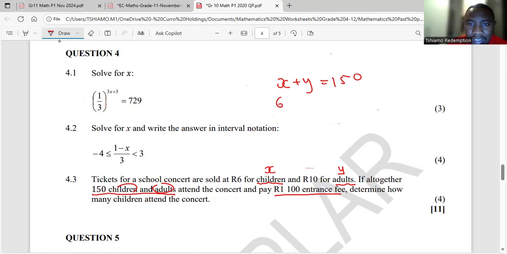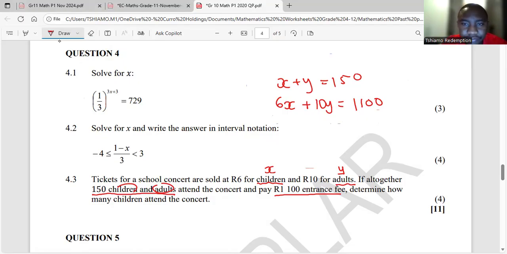Then the children pay 6 rand per child, so 6 times X, plus adults pay 10 rand per adult, 10Y. And the total amount they made is 1,100.